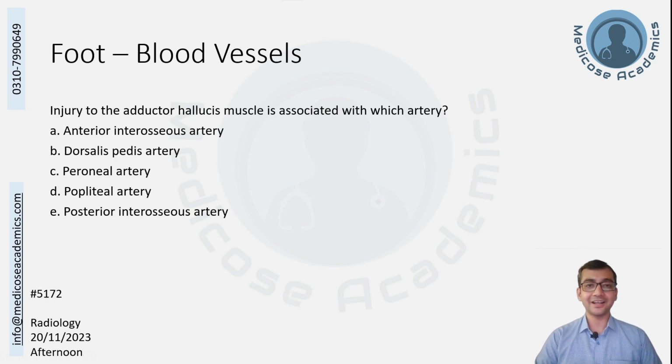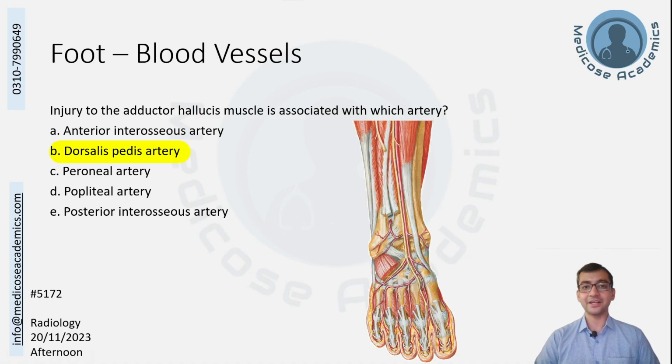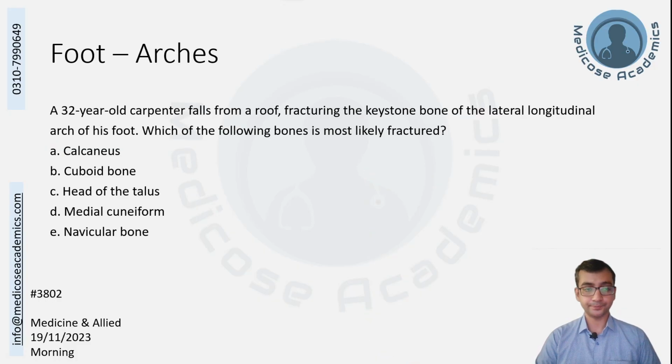Again, the answer is the dorsalis pedis artery, because as you see, as it runs between the two metatarsal bones to go to the plantar aspect of the foot, it runs between the first dorsal interosseous and between the two heads of the adductor hallucis muscle. So that question can be asked to you directly: the dorsalis pedis artery, while going to the plantar aspect of the foot to make the plantar arch, runs between the two heads of, that answer will be adductor hallucis.